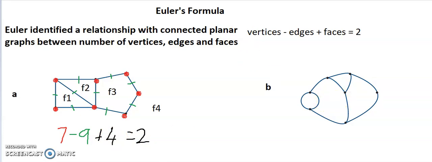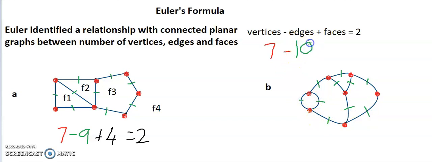Let's double check with our question B to see if that's the same. Let's start off with our vertices. So we've got 1, 2, 3, 4, 5, 6, 7 vertices. Let's look at the number of edges we have. We've got 1, 2, 3, 4, 5, 6, 7, 8, 9, 10.